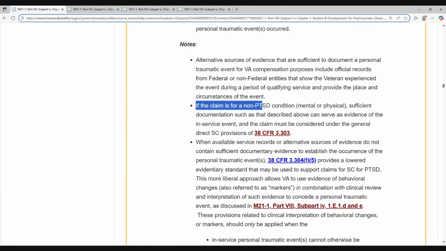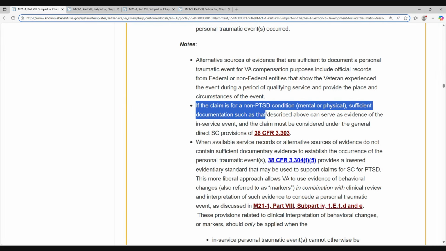If the claim is for non-PTSD conditions, sufficient documentation such as that described above can serve as guidance of the in-service event. So basically what this bullet point is talking about is, for MST, you don't have to have a diagnosis of PTSD in order to get service connected for that traumatic event.